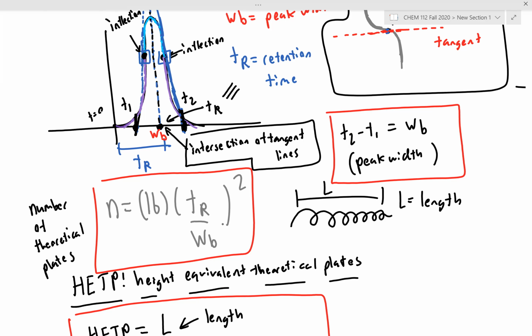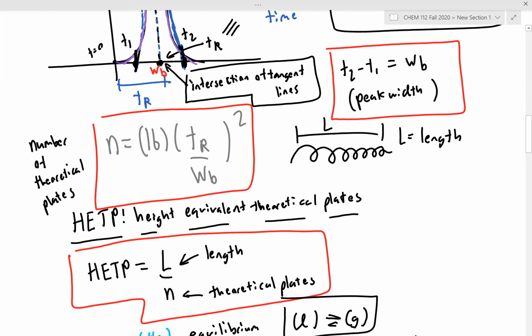Now, because different columns will have a variable length, and because column length in general increases how efficiently we're able to separate our compounds, we want to standardize and get a measure of how efficiently a column can separate compounds independent of the length of the column.